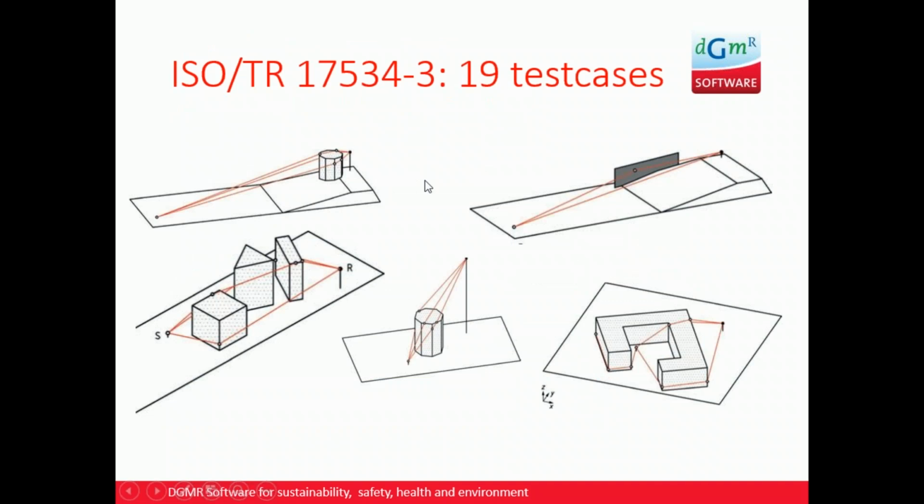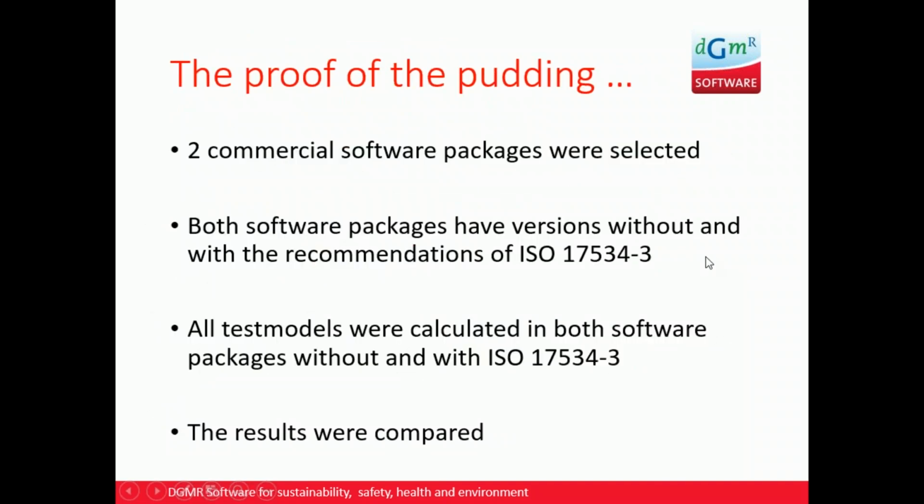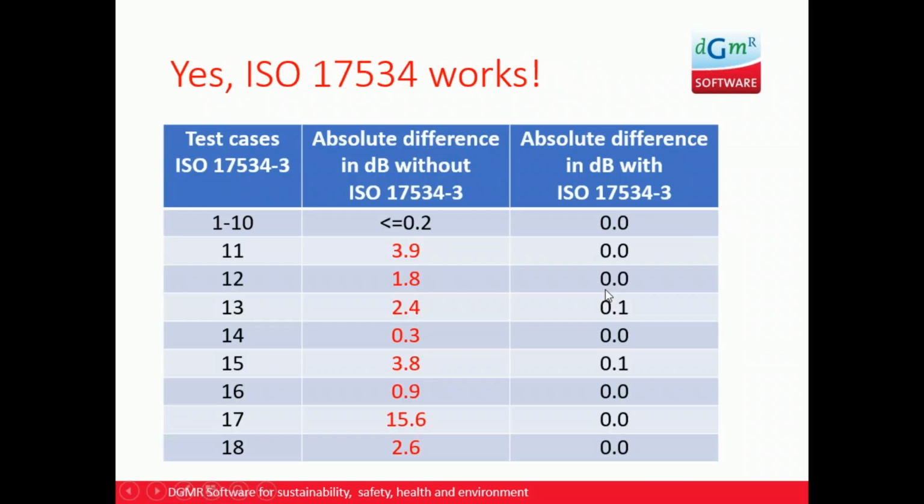So this quality assurance method describes 19 test cases, and what we did, we tested two software packages. Both software packages had an option with and without the recommendations, and then we compared the results.